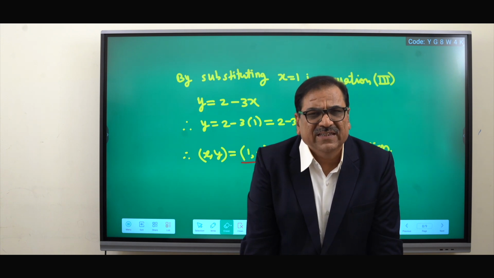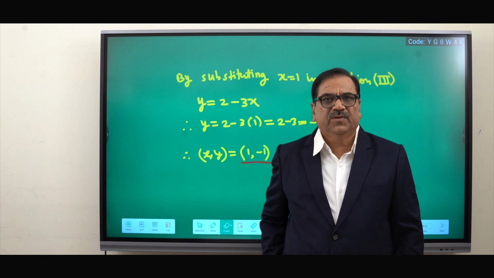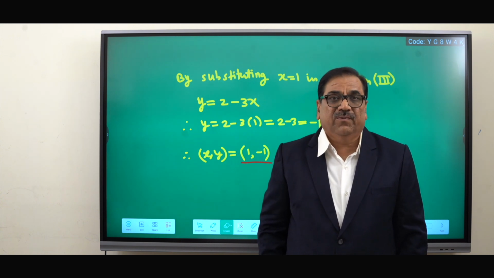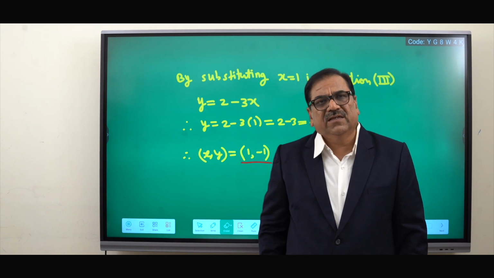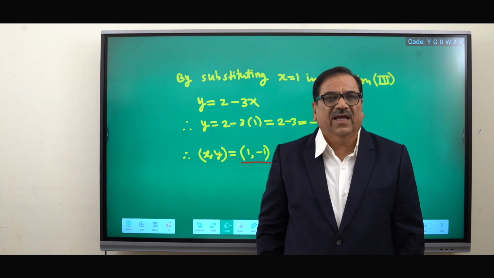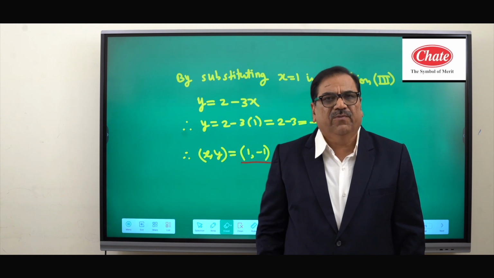We have understood the meaning of linear, meaning of equations, meaning of variables, and we have solved one simultaneous equation. Practice and solve the same problem twice or thrice at home, and you will understand the next problems very easily.